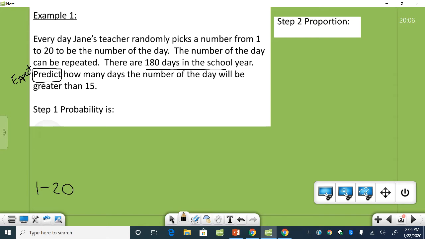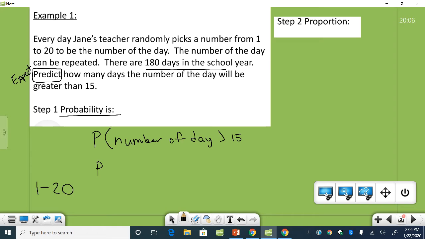So the first thing is to set up the probability. We're looking for the probability of the number of the day being greater than 15. Well, how many numbers are between 15 and 20? There are four numbers.